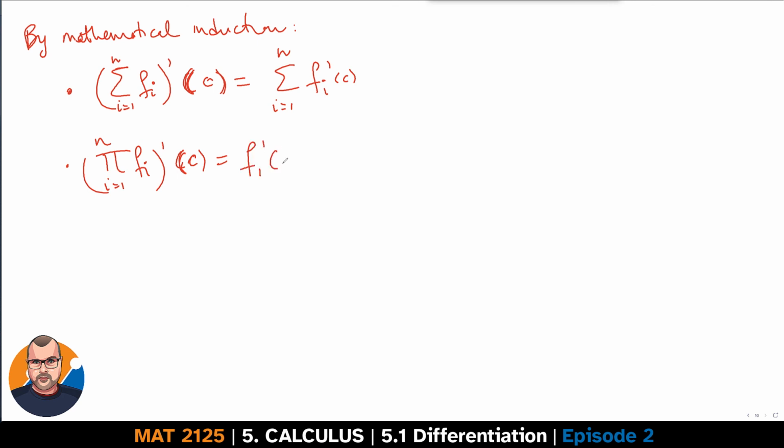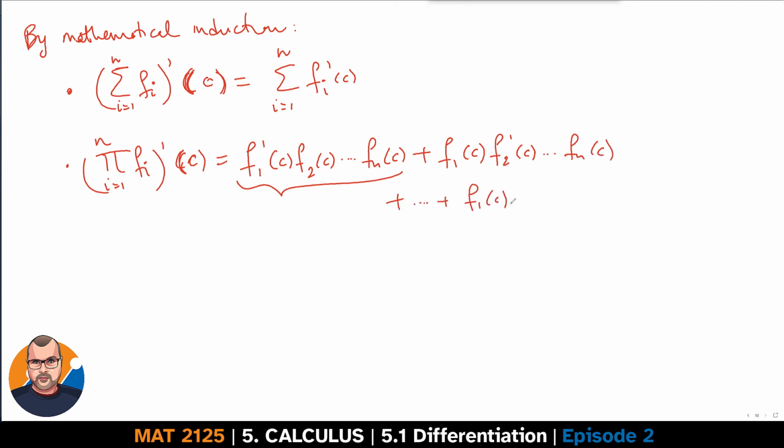You're going to start by differentiating the first term, then leaving the other terms in the product undifferentiated, plus the same rule as a whole, except it is the second term that is being differentiated and everything else is undifferentiated. Finally, you have the product of all of the individual functions being undifferentiated and the last one being differentiated at c. Again, this is only valid if each individual function is differentiable at c.